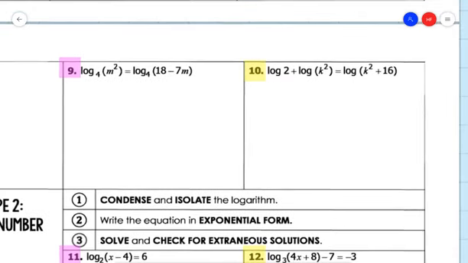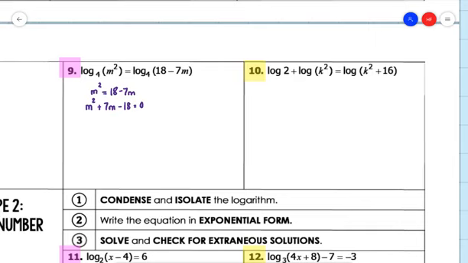On this one, we see that they are already condensed, and we have the bases the same of 4. So m squared equals 18 minus 7m. Whenever we end up with a square in the equation that we're solving, we want to move everything to the same side. So m squared plus 7m minus 18 equals 0.